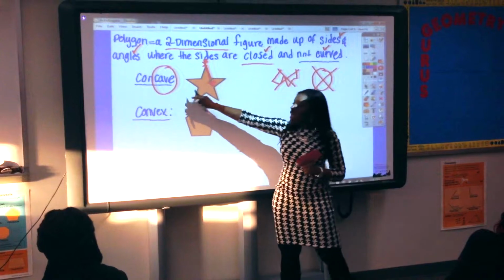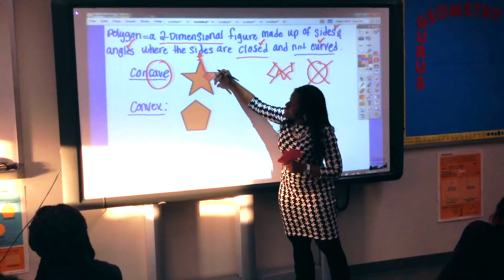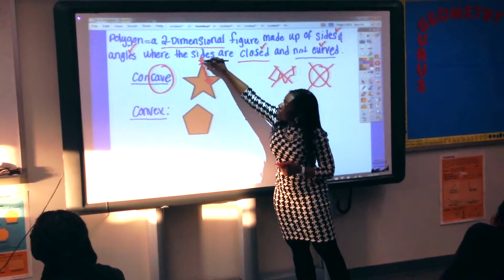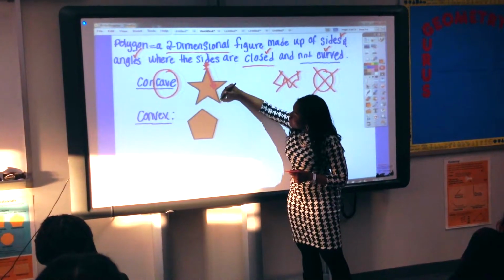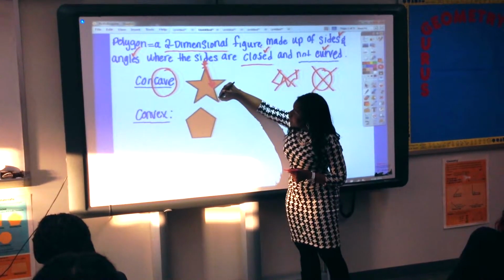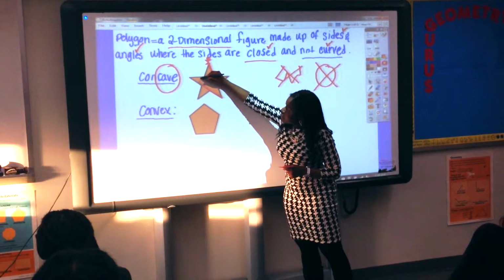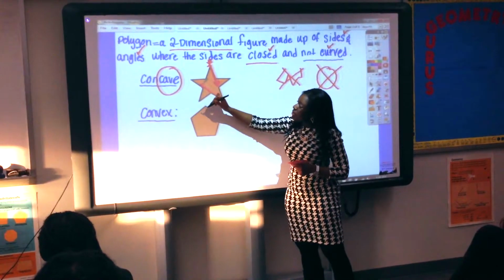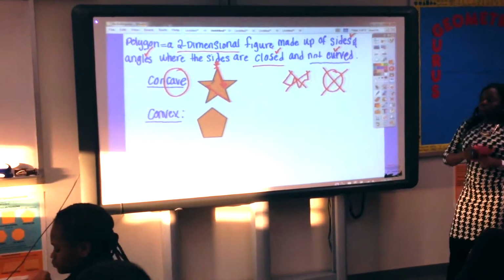So concave, using our definition, means to fall into something. It is when we draw a segment from one point of our polygon and extend it, and it ends up passing through the inside. Any questions about that? No.